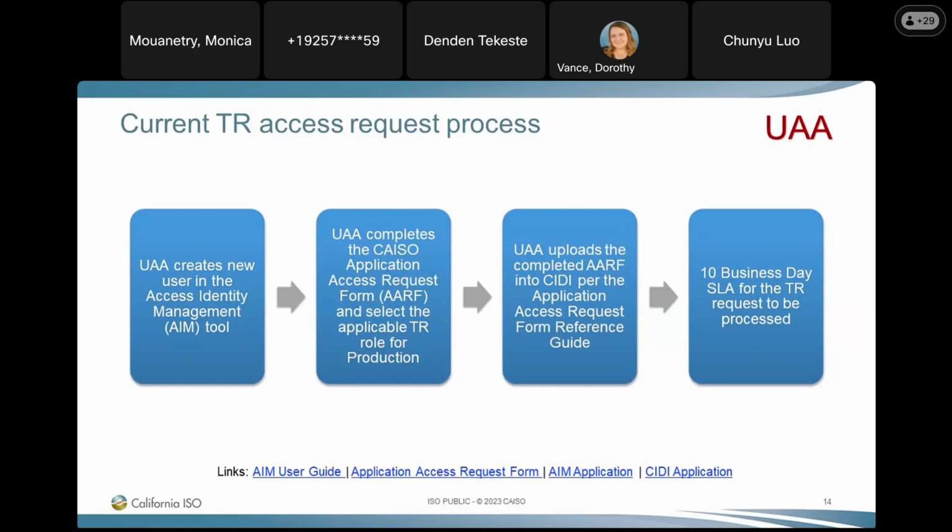So they have to create a user in the AIM tool, create a supplemental form, and then once they complete that form, they have to upload this form into the city application, the customer inquiry dispute information application. So different applications. And then after that, they would have to follow the 10 business day service level agreement. So 10 business days for them to get their TR access, because it requires a manual entry into the actual system.